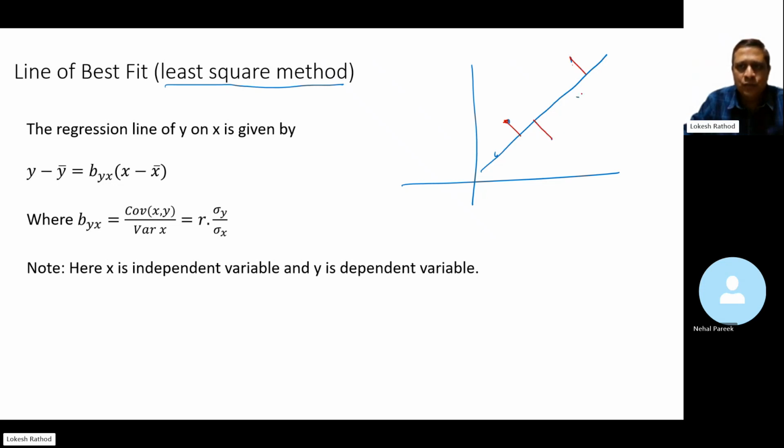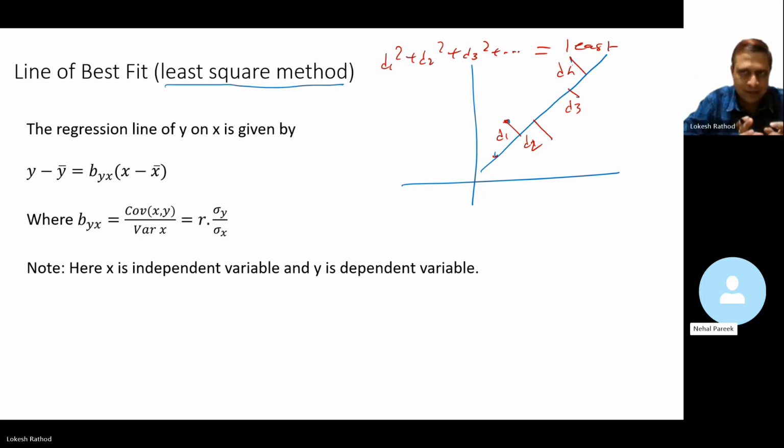All these distances are called D1, D2, D3, D4, and so on. So the sum of squares of distances, D1 square plus D2 square plus D3 square, and so on, must be least. Then this line is known as line of best fit using the least square method. Understood what is the least square method? So we find this distance.